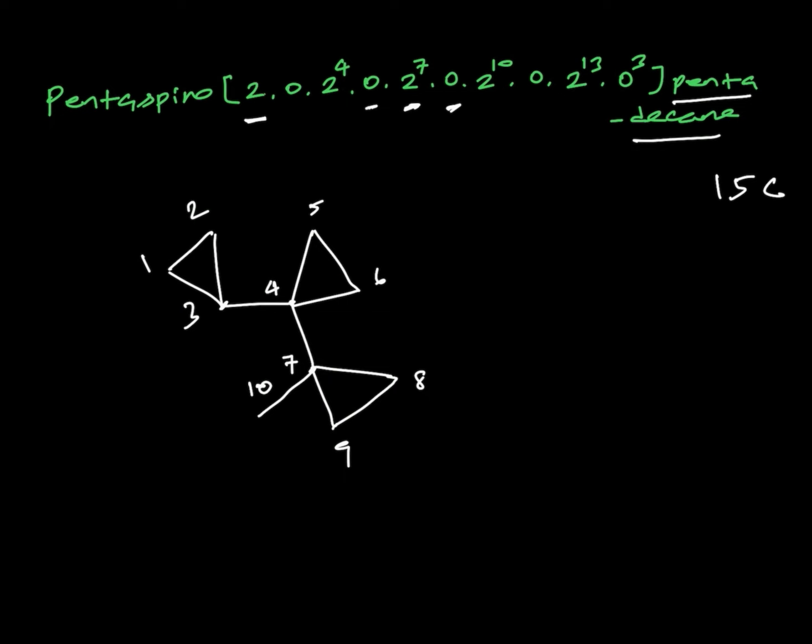And at 10 again we have a 3-membered ring. 11, 12, again 0. So that is 13, one spirocarbon connected to another spirocarbon. At 13 again we have a 3-membered ring. 14, 15, and finally this 0 connects to 3.